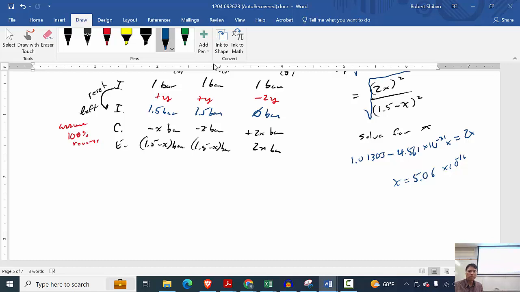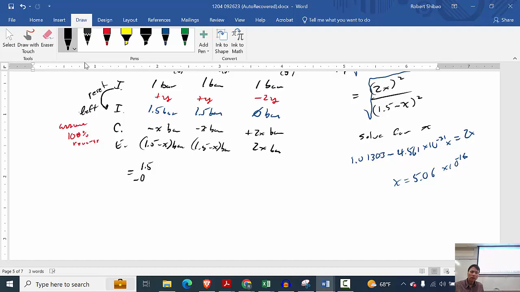So we're going to do the subtraction here. This change, do you see this change is extremely small? The change. And so how much of the nitrogen did we lose? Well, that's going to be 1.5 minus. Did anybody else get this number here? 5.06 times 10 to the negative 16?